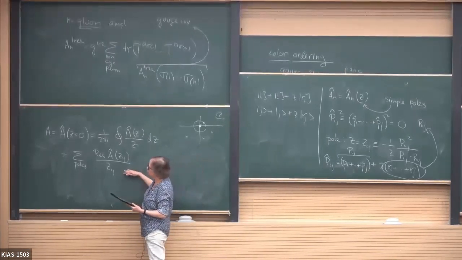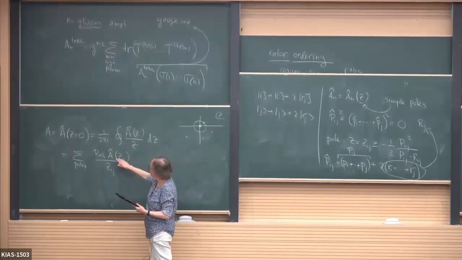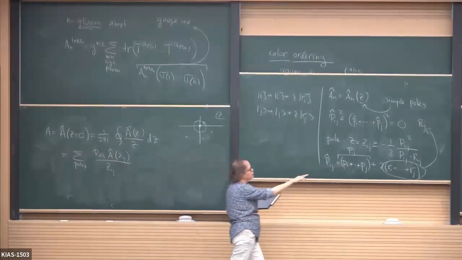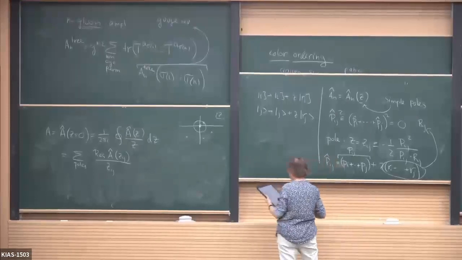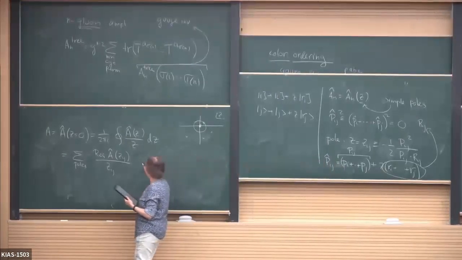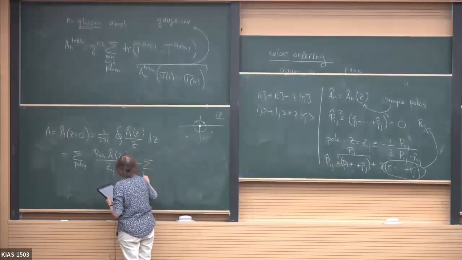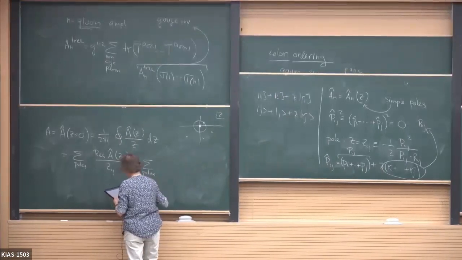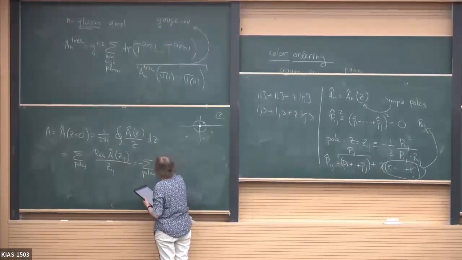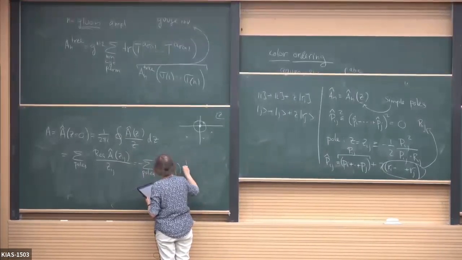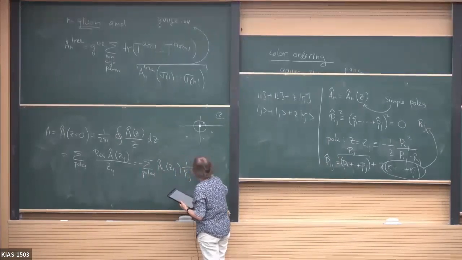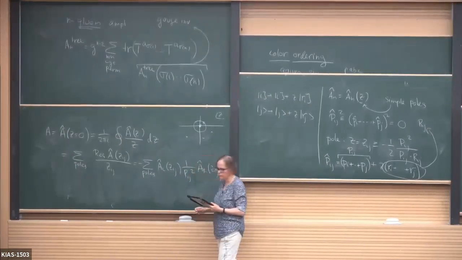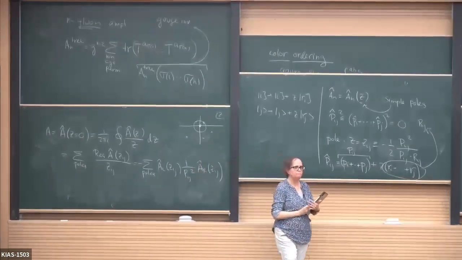So substituting the things that we had before for all these residues, what we find is that we can write this as minus the sum over all the poles in A hat, Al hat Zij, 1 over Pij squared, Ar Zij. Okay.